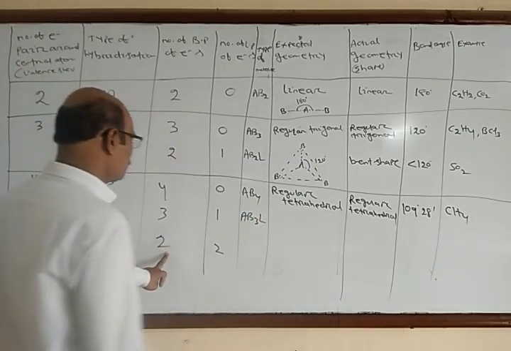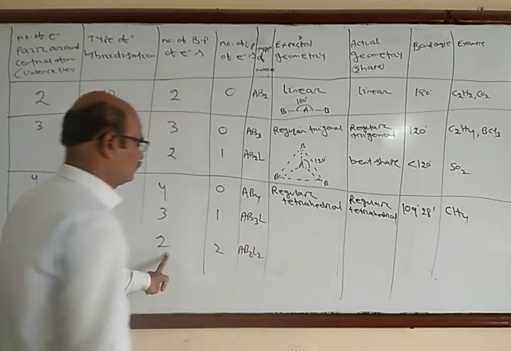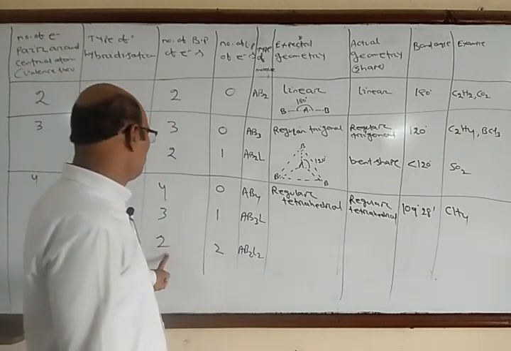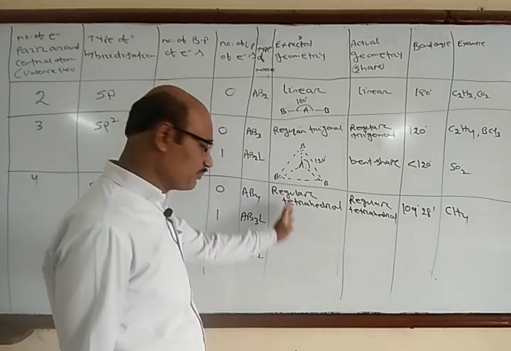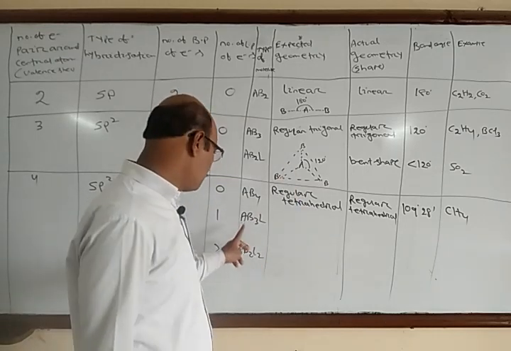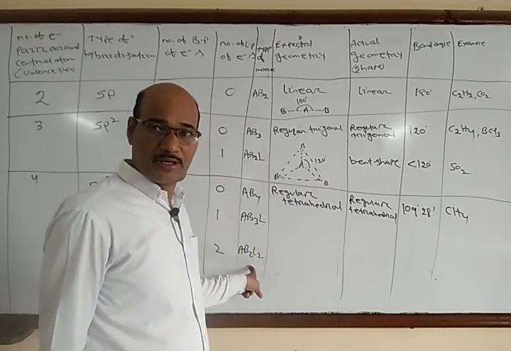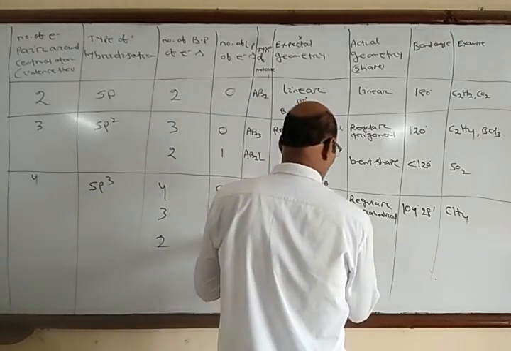Here it will be AB2L2. With this AB3L, the expected geometry is the same, regular tetrahedral, but the actual geometry for this and this will be different. For this one, we can say it is pyramidal.